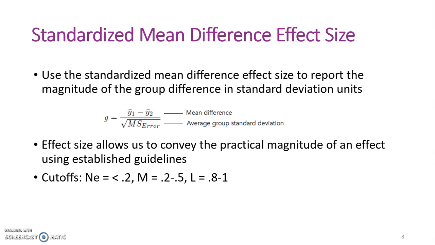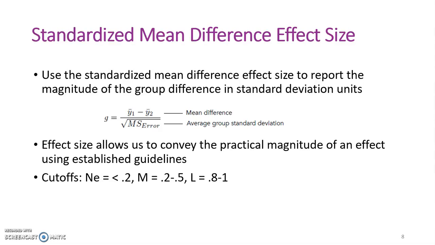In order to get the standardized mean difference effect size, we take each mean difference and then we divide it by the average group standard deviation, which is going to be the square root of the mean square error. The reason that we do this is we like to have these effect sizes that are not in the original metric, but are in standard deviation units, allowing us to think about this in terms of the normal distribution. And these effect sizes allow us to convey the magnitude of an effect using some established guidelines.